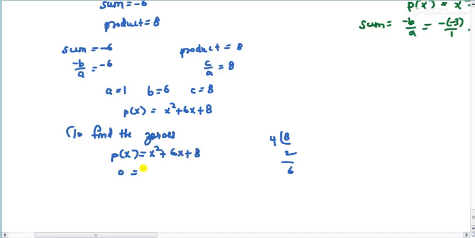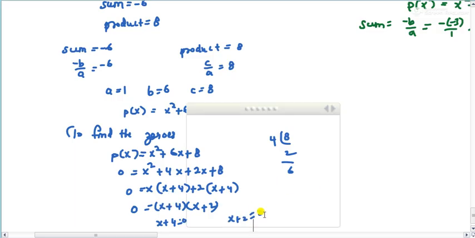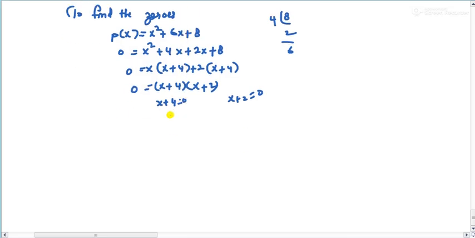Setting this to 0 and splitting the middle term, we get x square plus 4x plus 2x plus 8. Now take x as common, you'll get x plus 4, and take 2 as common, again you'll get x plus 4. So x plus 4 and x plus 2, these all are factors. So x plus 4 equals 0, x plus 2 equals 0. Now the value of x is minus 4 here, and here it is minus 2. This is the second step. Next is verification.